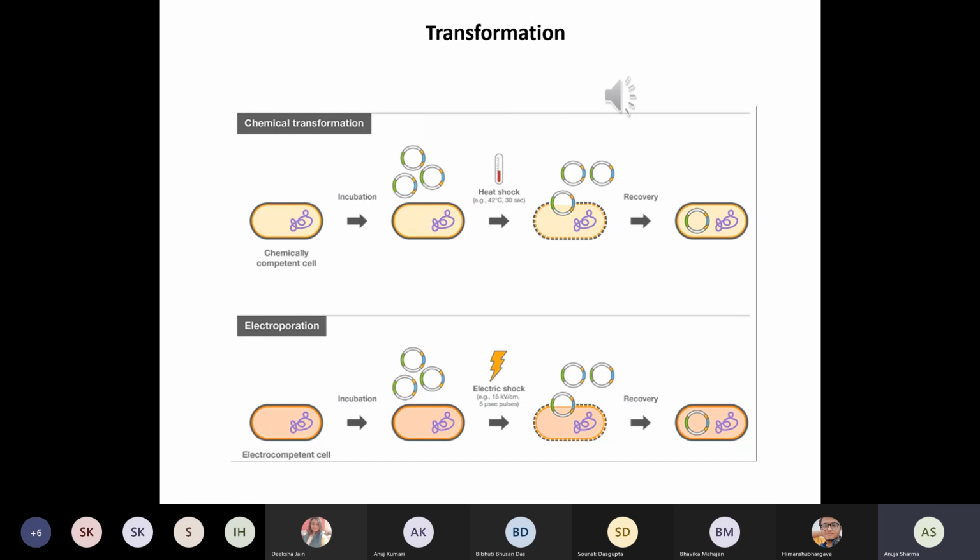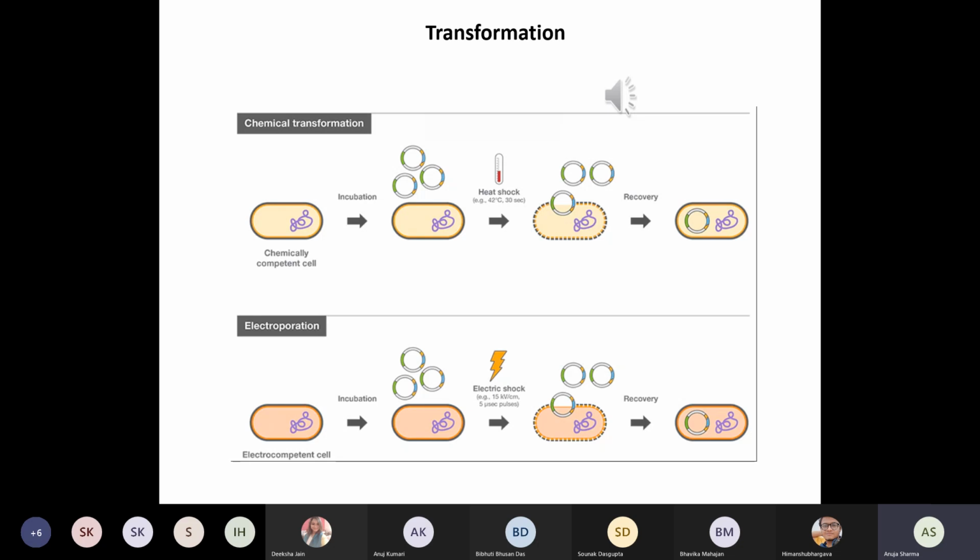In general, there are two methods of transformation. One is chemical transformation, which uses MgCl2 or other divalent cations to prepare chemically competent cells, which are given a heat shock at 42 degrees Celsius, for bacteria in general for about 30 seconds, to create the pores for the plasmid to go inside the cell.